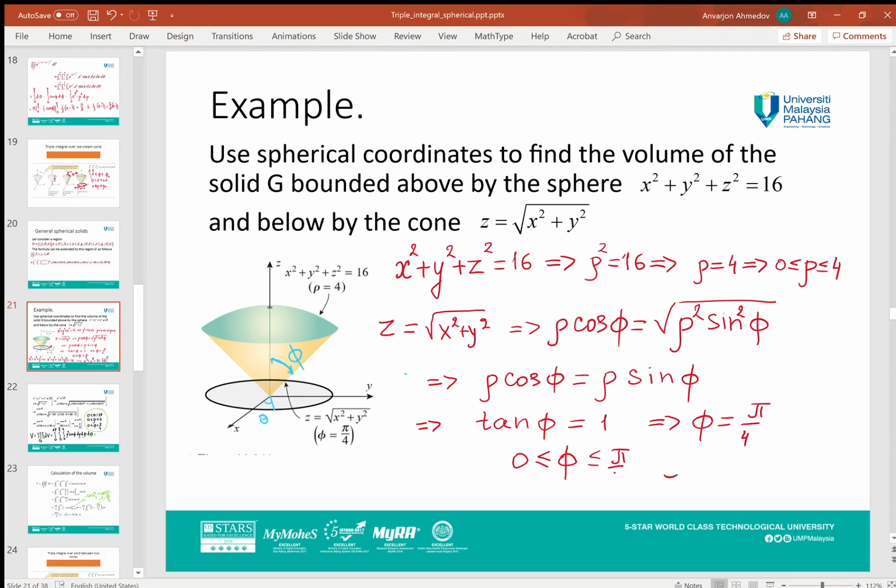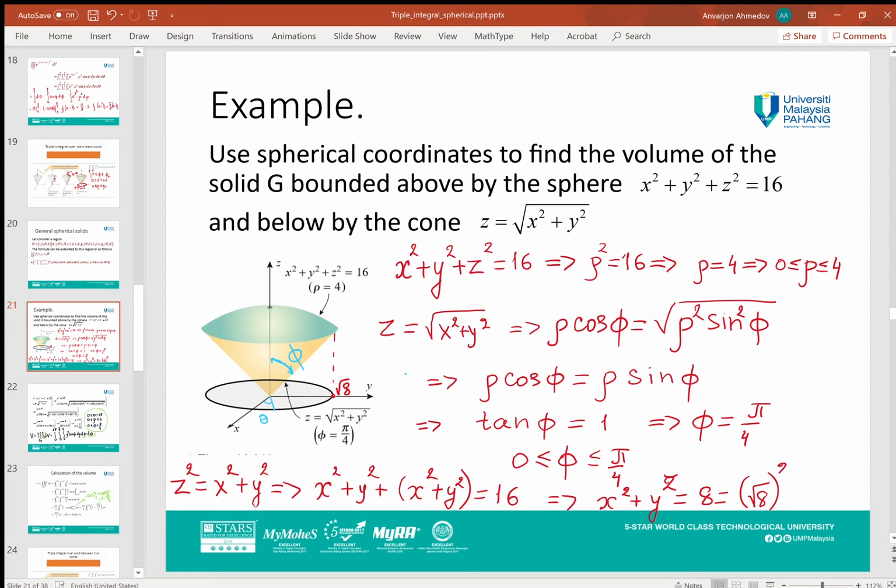So here what we can say is phi is changing from 0 to pi over 4, because when the point falls on the positive z-axis direction, phi is 0. When the point falls on the cone, phi is pi over 4. So because of this, we understand that phi will be between 0 and pi over 4.